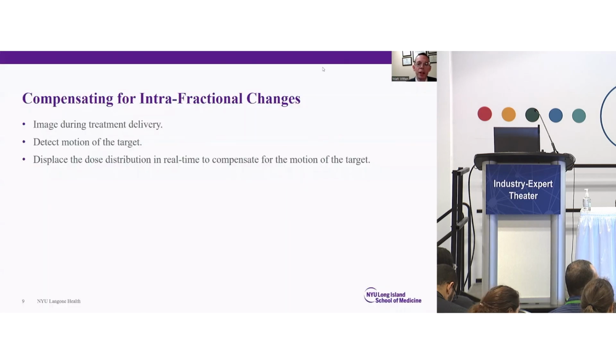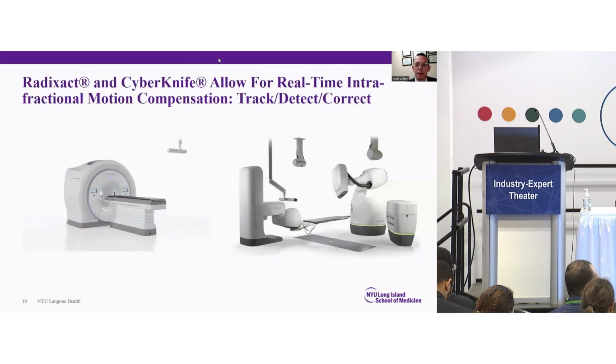So how does one compensate for intrafractional changes? We need to image during treatment delivery. We need to detect the motion of the target, and then we need to displace the dose distribution in real time to compensate for the motion of the target. And how do we do this? Well, things have changed since 1997 and the initial paper on adaptive RT.